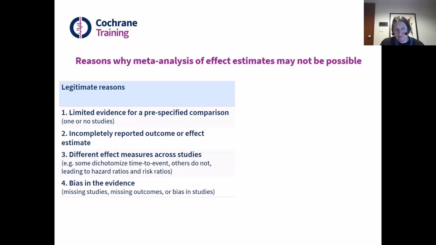It could be that there are different effect measures across studies. So some studies might dichotomize time to event data, others don't, and that might lead to the reporting of hazard ratios in some studies and risk ratios in other studies, which complicates things. And then, of course, there's bias in the evidence where you might have missing studies, outcomes, or biased methodological features within those studies that can bias the effect estimates.